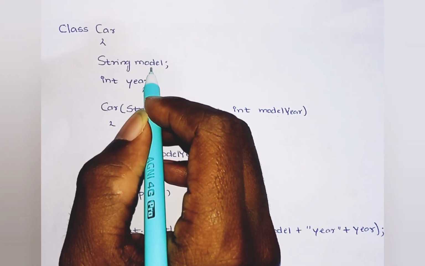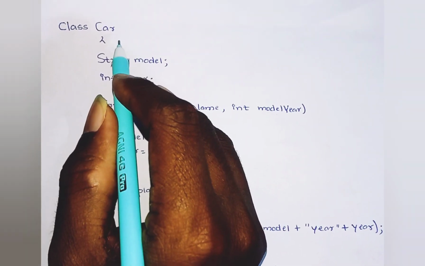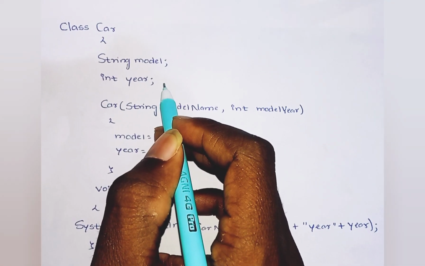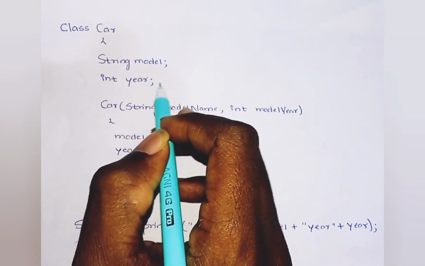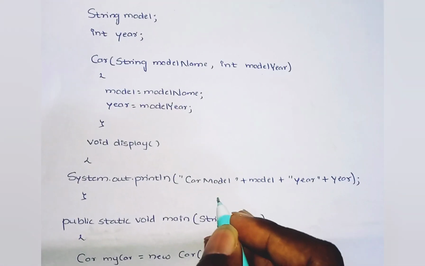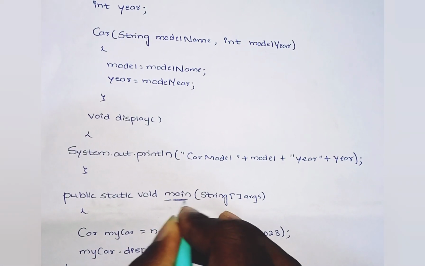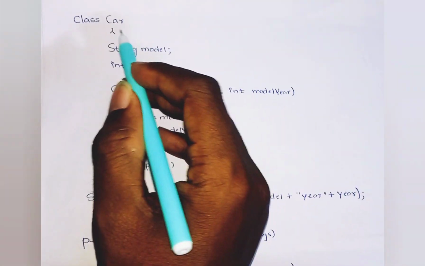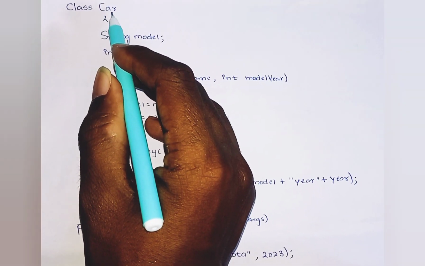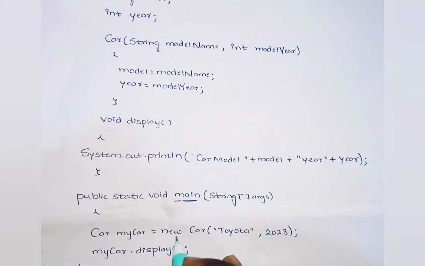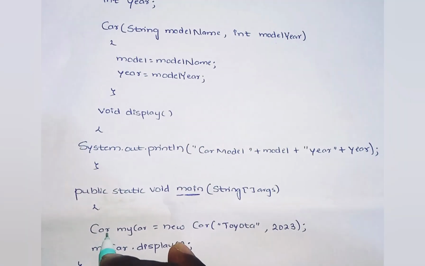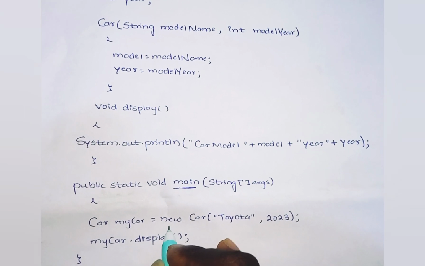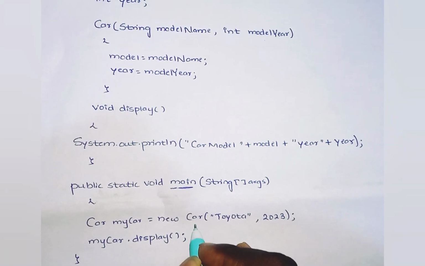These variables are known as instance variables. Instance variables are variables that are declared inside the class and outside any method or constructor. The execution of Java code starts with the main method. Here the class name is Car, and for this class I am creating the object using the new keyword: Car, which is the class name, followed by the myCar reference variable, equals new keyword used to create an object, followed by Car.